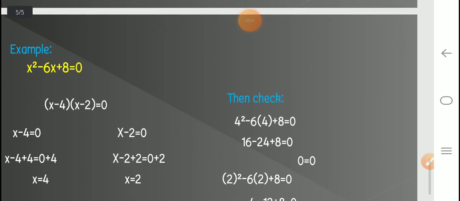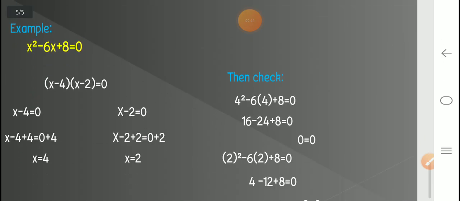So let's have an example. x squared minus 6x plus 8 is equal to 0.